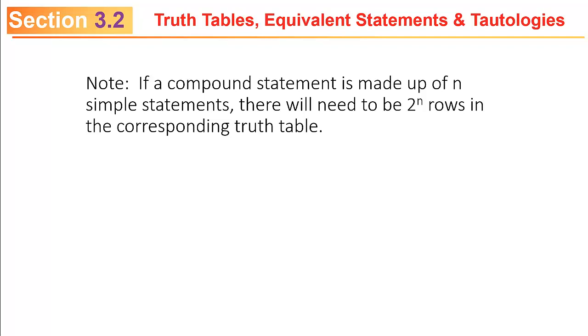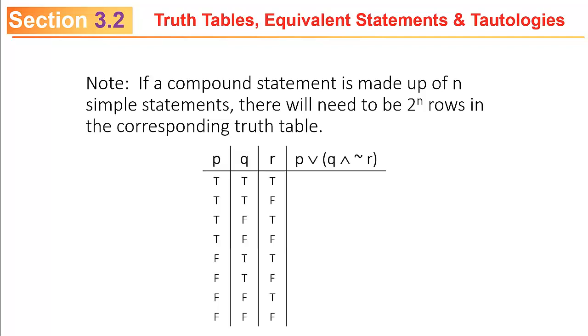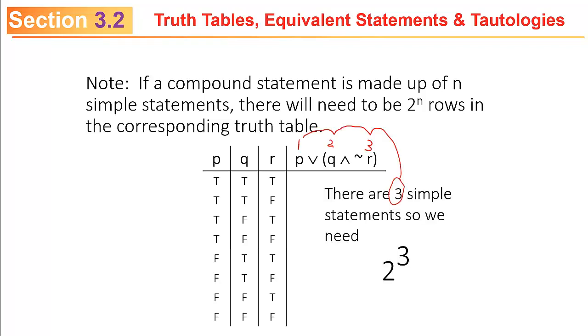Another thing about these truth tables, you can tell how many rows they're going to be by looking at how many distinct, simple, logical statements there are. In fact, if there are n simple statements, there will be 2 to the power of n rows. For example, if you take this one, there's a P, there's a Q, there's an R. So there are 3 simple statements.